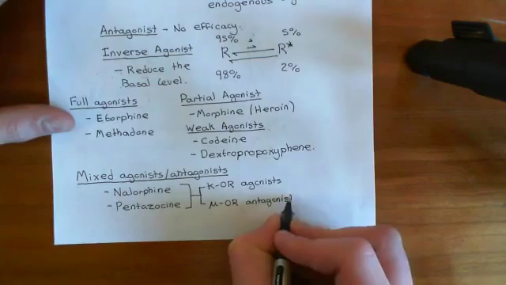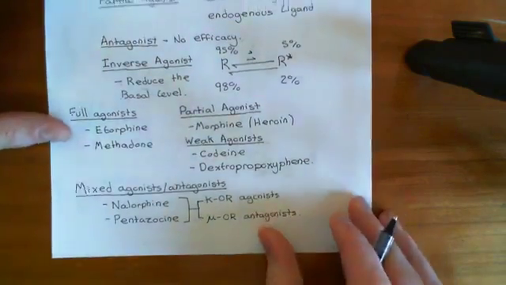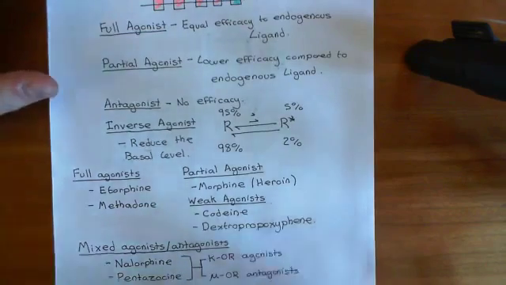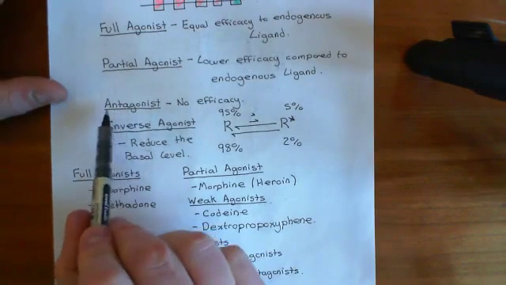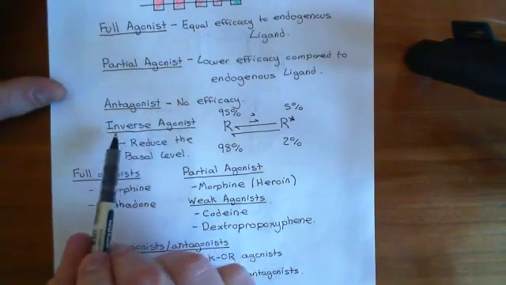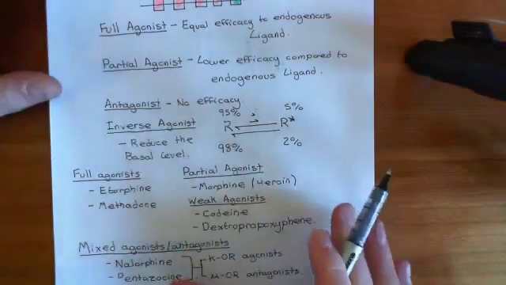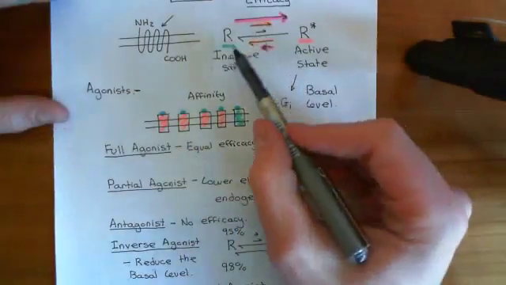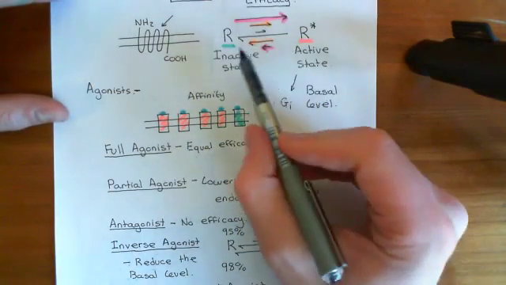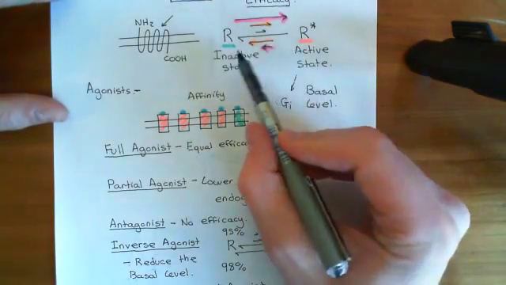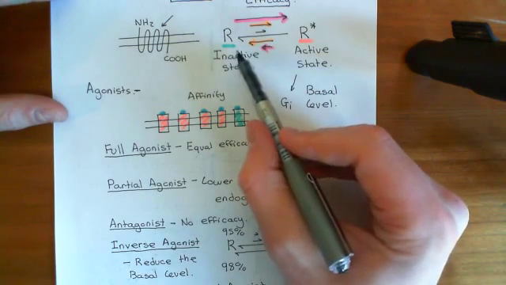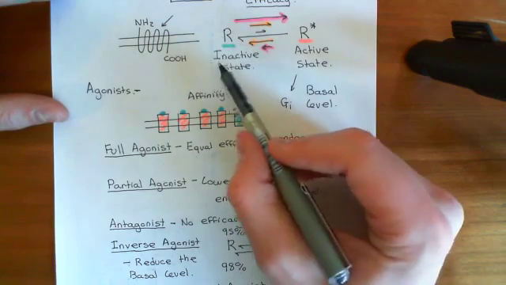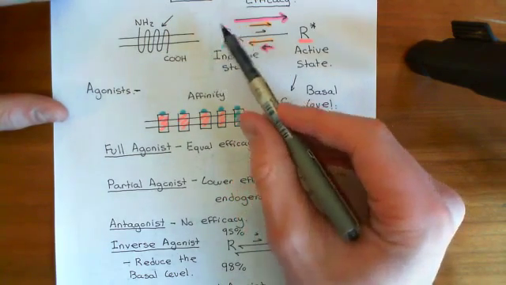Now I want to stress an important point, which is that often it is not possible to decide whether a drug is actually an antagonist or whether it's an inverse agonist. And let me stress why. With a few exceptions, nature has done an extremely good job of making sure that most receptors, when they do not have ligands bound to them, are completely in the inactive state.